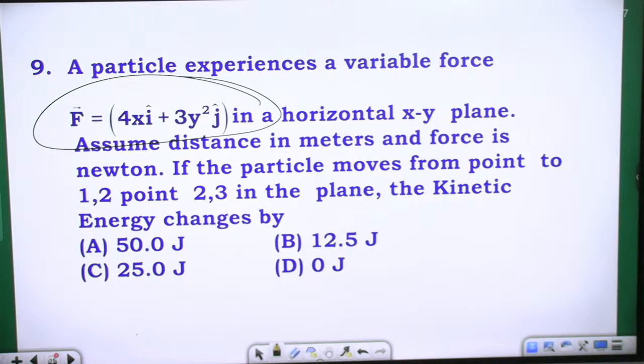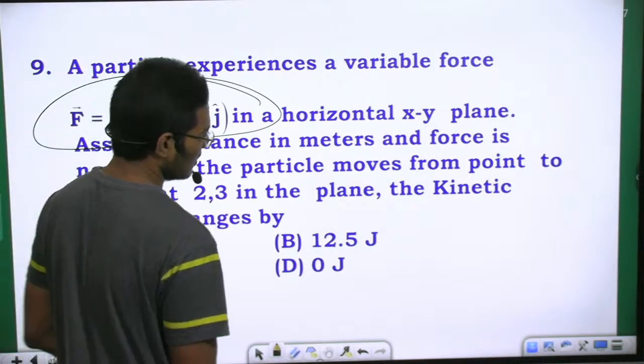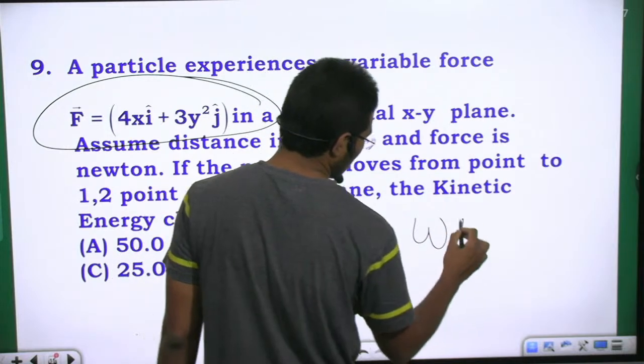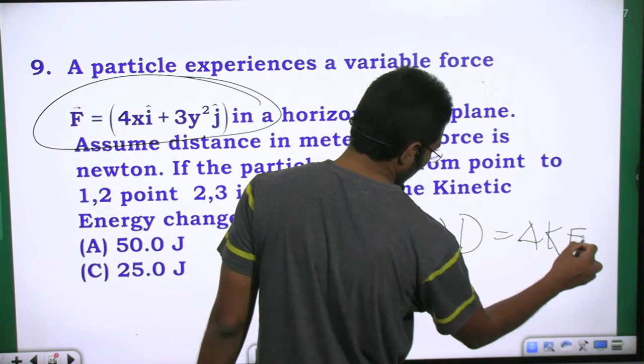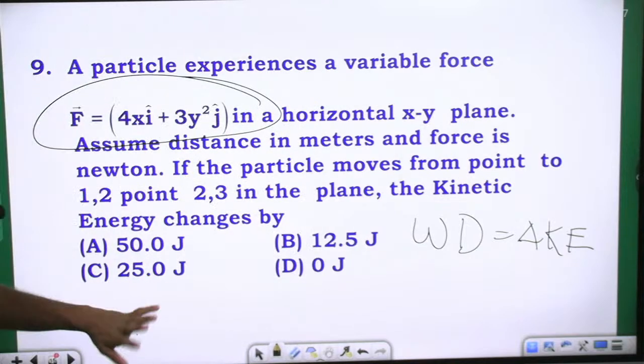So what is the work done? See, what is kinetic energy? Work done is equal to change in kinetic energy, right? From the work-energy theorem, work done can be written as delta KE, right? So we will try to apply this formula here. What is work done?